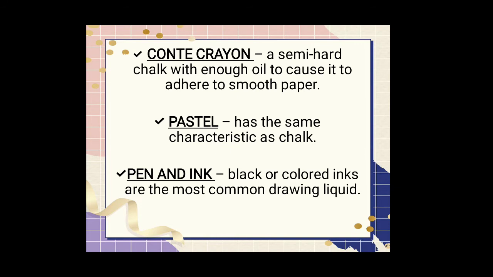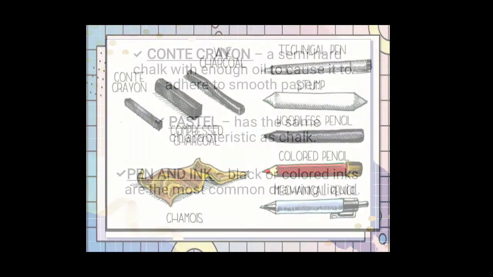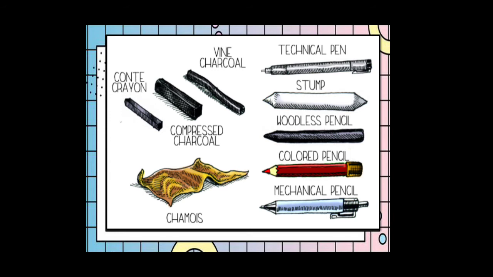Next is pastel, which has the same characteristics as chalk. And last, pen and ink. Black or colored inks are the most common drawing liquids. So these are examples of Conte crayon, vine charcoal, technical pen, stump, wooden pencil, colored pencil, mechanical pencil, chamois, compressed charcoal.